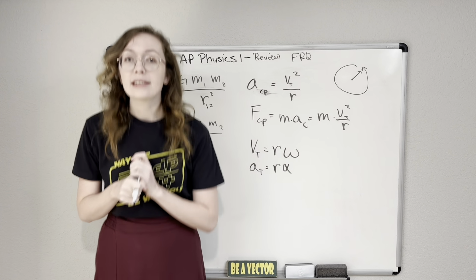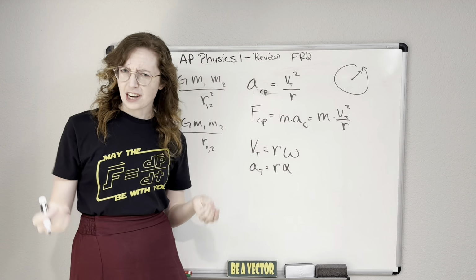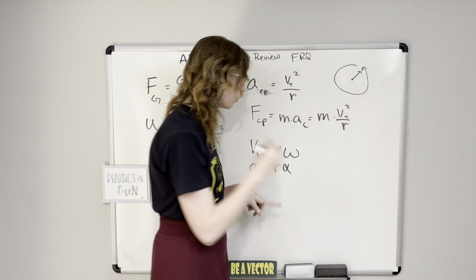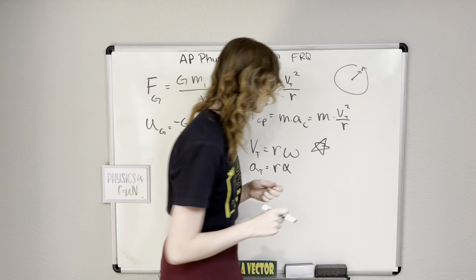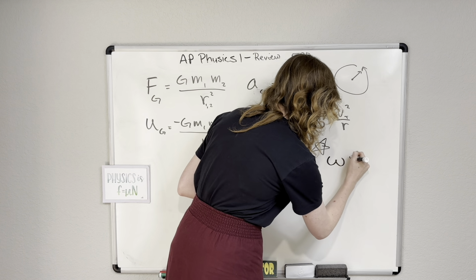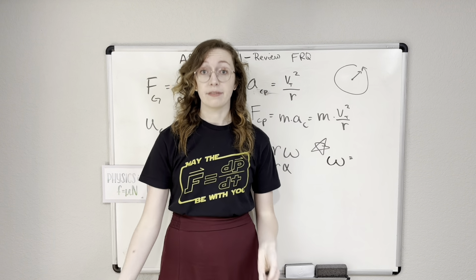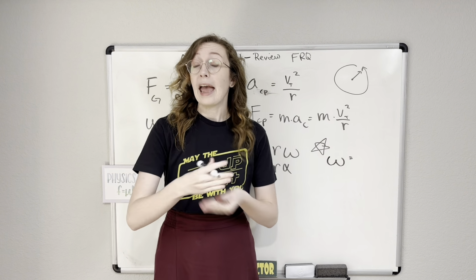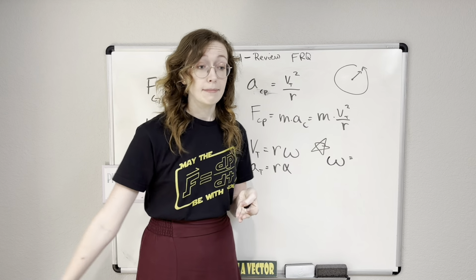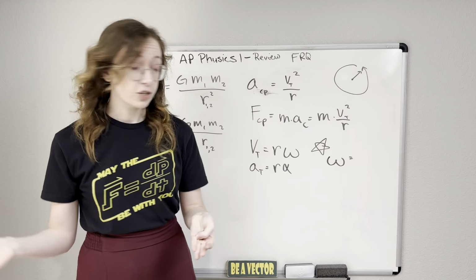Now there's one last thing that I want to go over that isn't on your equation sheet, which is more of a definition than anything else. This is one that you guys really need to pay attention to. I'm going to give it a little star. If I want to calculate the angular velocity of an object, well, velocity in general is distance divided by time, right? And angular velocity tells us how much angular distance we've covered in how much time.